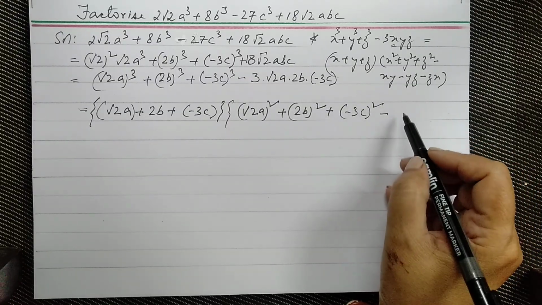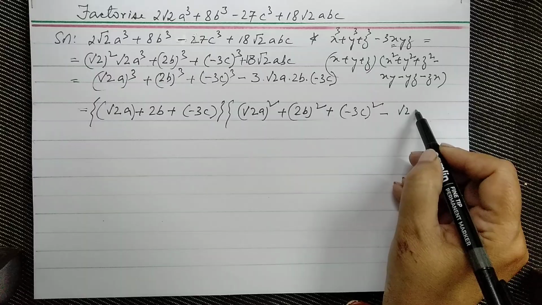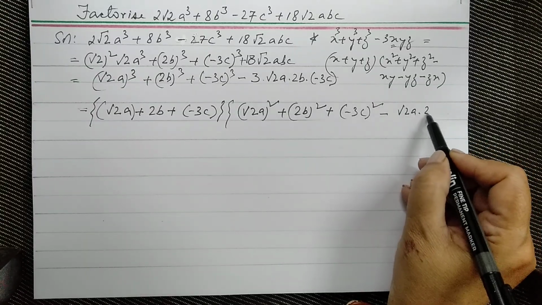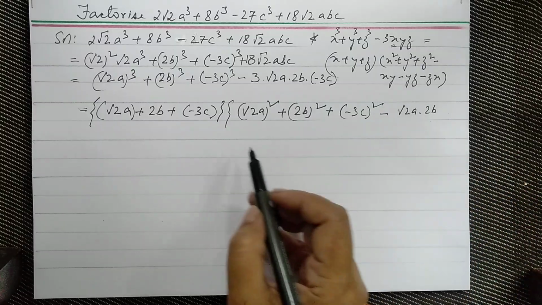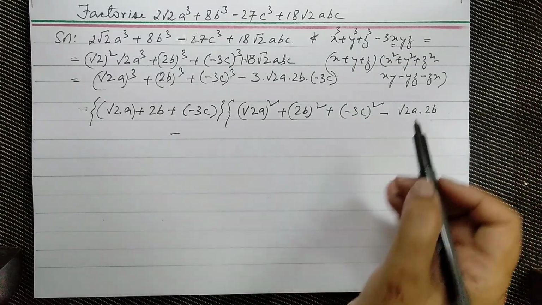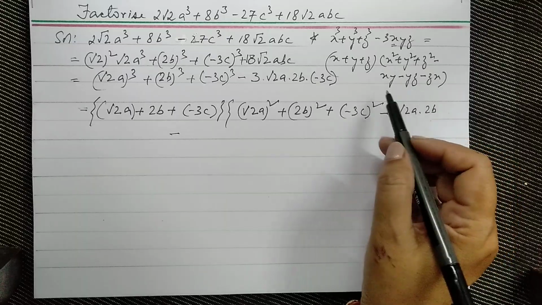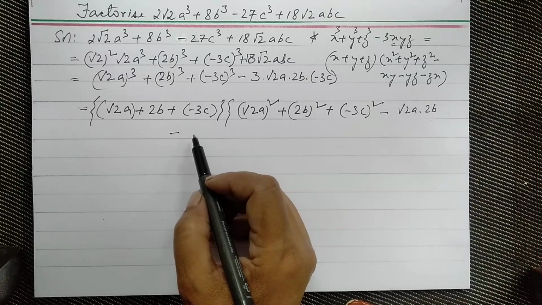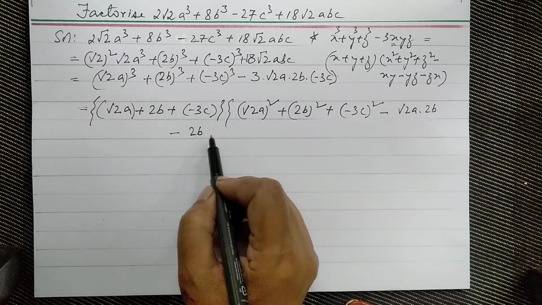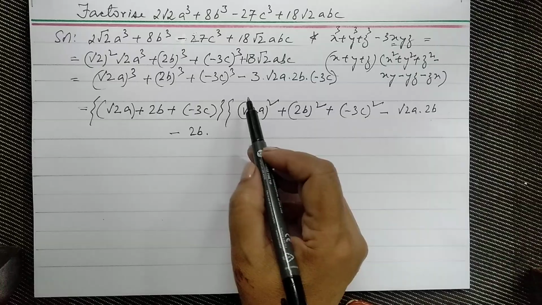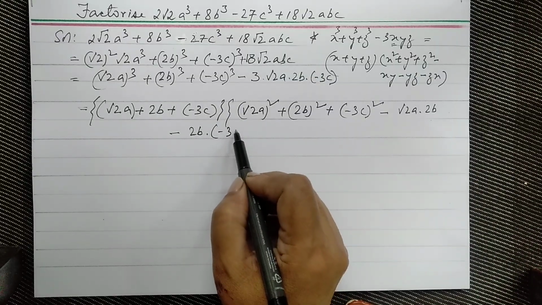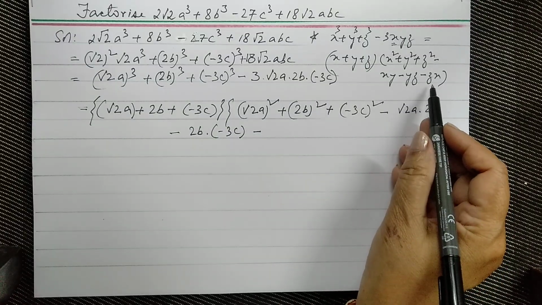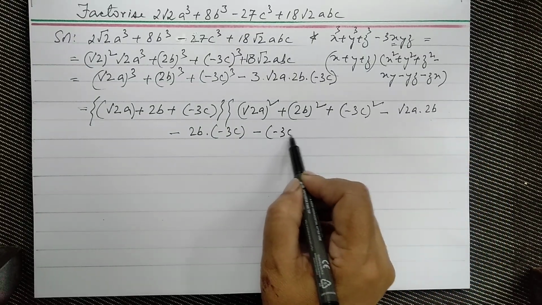So what is our x? Root 2a multiplied by y, that is 2b, and then let's continue here, minus yz. So y is 2b dot z is minus 3c, and then minus zx.